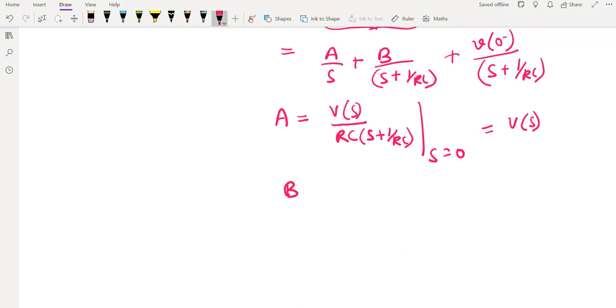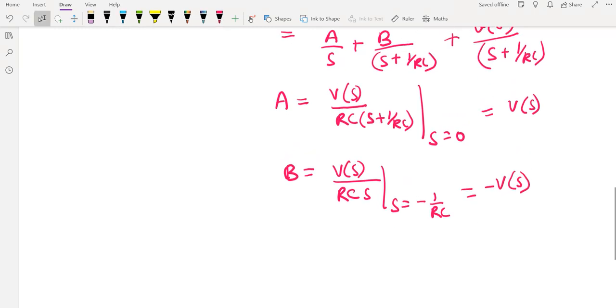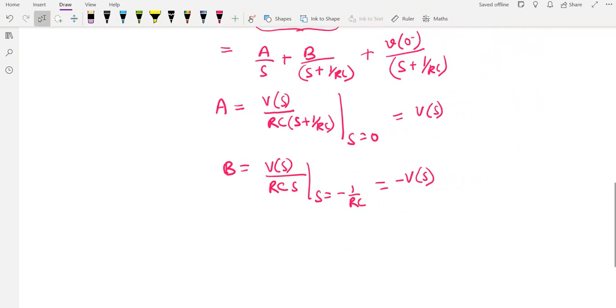Then similarly we will find B, and B is nothing but V(s) upon RC s at s equal to minus 1 by RC. So it is nothing but minus V(s). So we will put these values of A and B in the above equation.